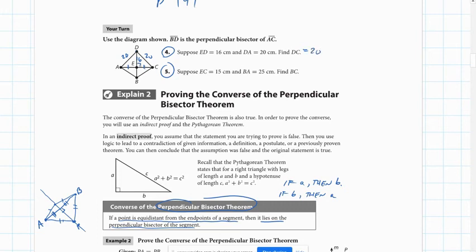And then for number 5, if EC is 15, and BA is 25, find BC. So if this is 25, then this has to be 25 because it's on a perpendicular bisector. So BC is 25.